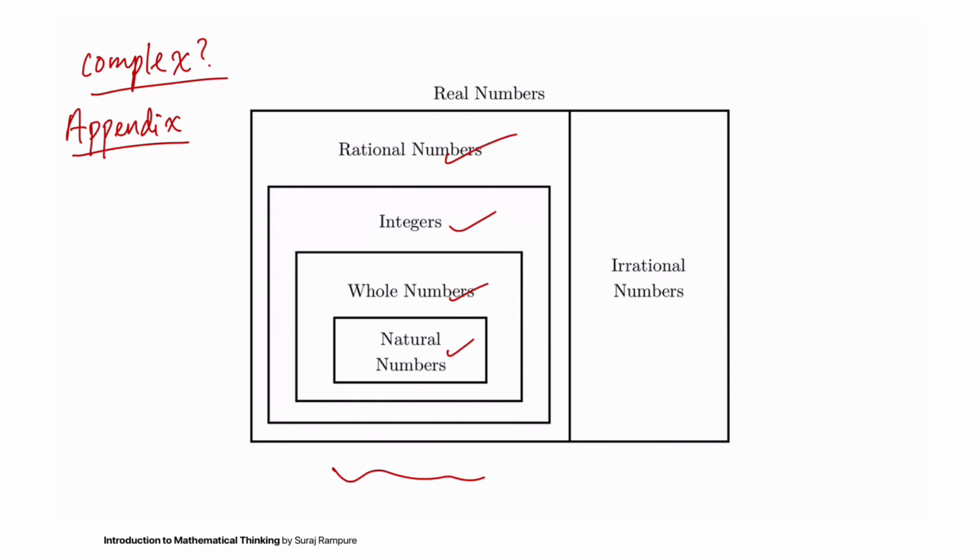But if you're interested, real numbers are a subset of the complex numbers. So you can draw a box around this entire thing and write complex as well. And that caps off our discussion on the sets of numbers that we're interested in.